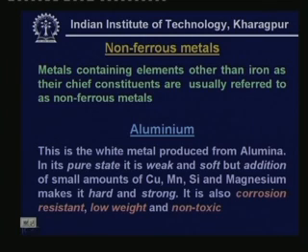In its pure state it is weak and soft, but by addition of small amounts of copper, manganese, silicon and magnesium, aluminium becomes hard and strong, and obviously it becomes usable. It is corrosion resistant, low weight and non-toxic.